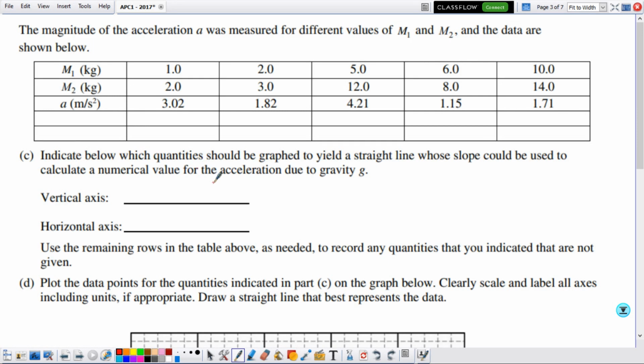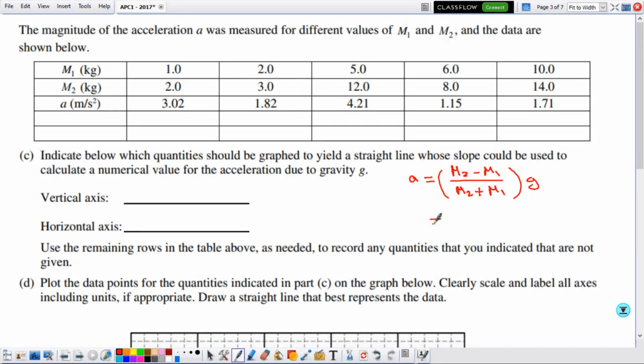Indicate below which quantities should be graphed to yield a straight line whose slope could be used to calculate a numerical value for the acceleration due to gravity G. So now we know that the acceleration is given by M2 minus M1 divided by M2 plus M1, multiplied by G. We are interested in graphing this equality such that the curve would be a straight line whose slope is given by the gravitational acceleration.